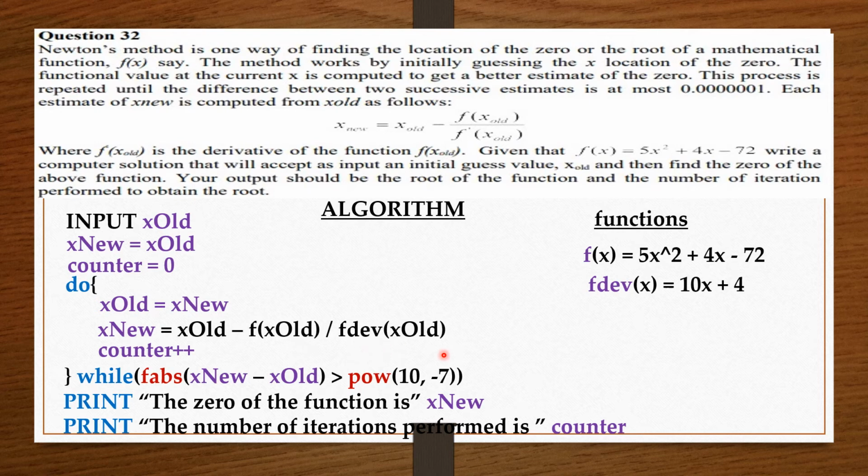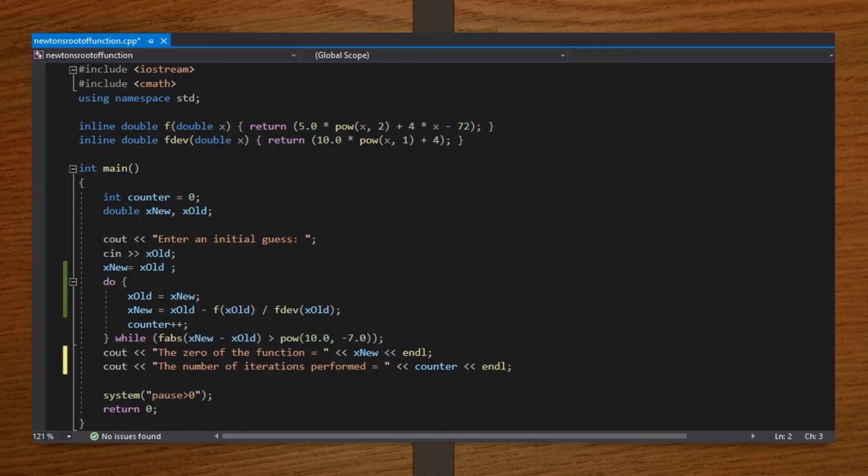Alright friends, so let's see how this whole algorithm will look like in C++. So before, now you can see I included the cmath library because I'll be using the power function. Then before the int main function, I declared the question we are supposed to compute for.